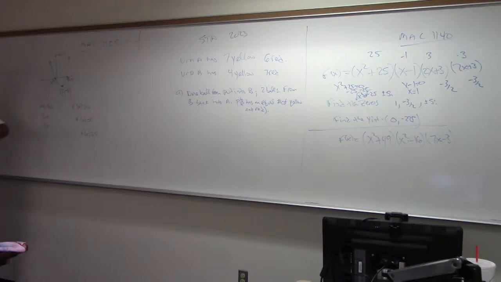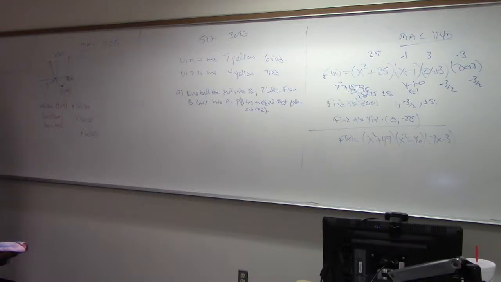Vertex, here we go. What is it? 2, negative 4, yeah? Increasing. Decreasing. When is f of x greater than 0? That's where it starts getting harder.